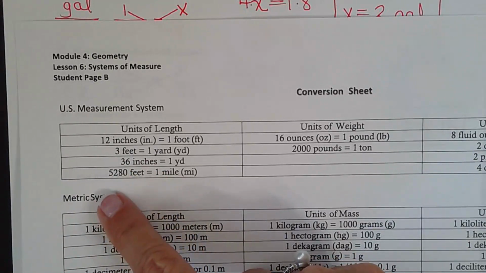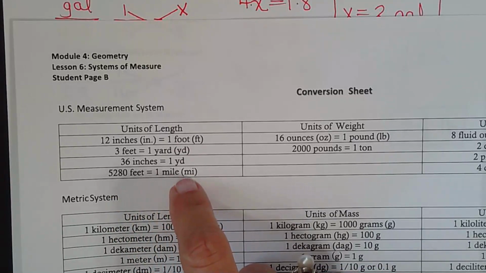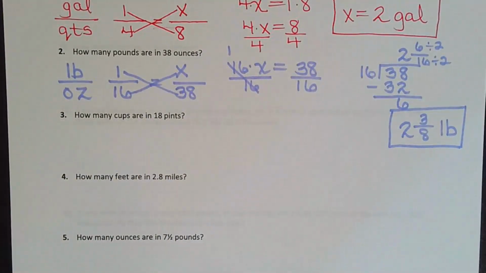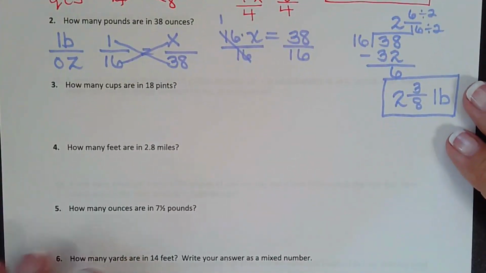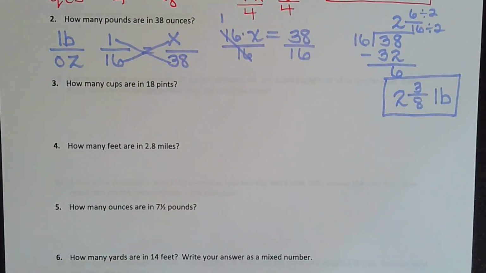Feet and miles right there on the bottom. Okay, so go ahead and see how you do on those two, and then I'll work with the fraction one with you. It's not hard when you have a calculator, but I'll go over that one. So you guys try 3 and 4 and then turn the video back on and we'll check them together.